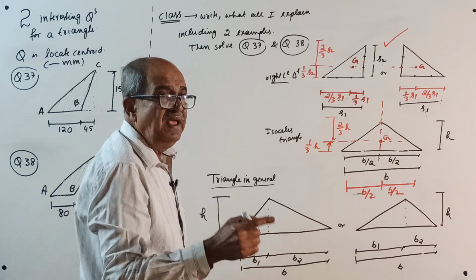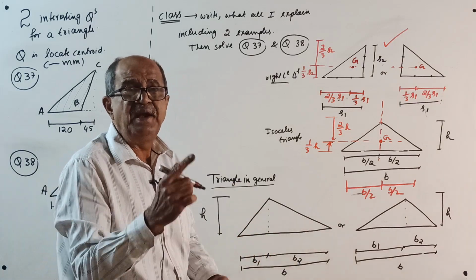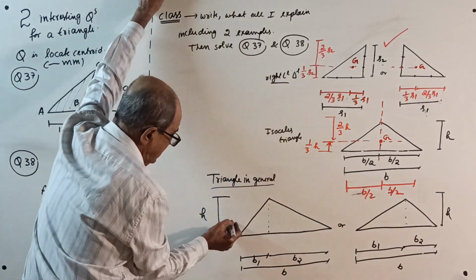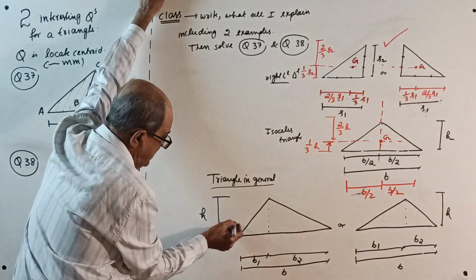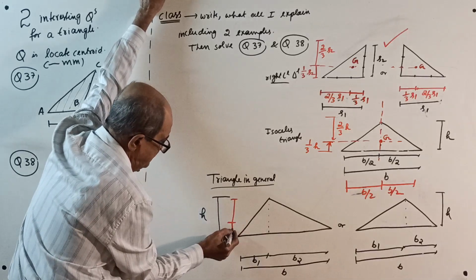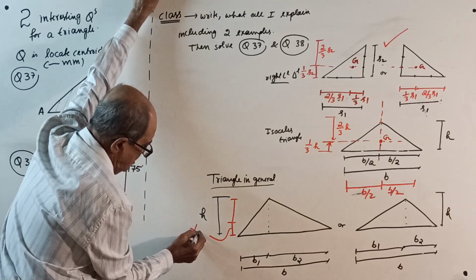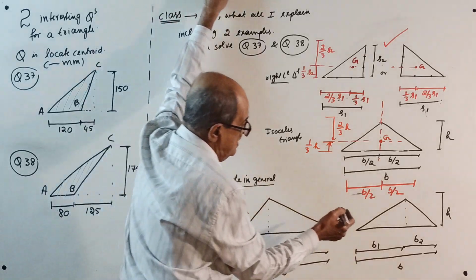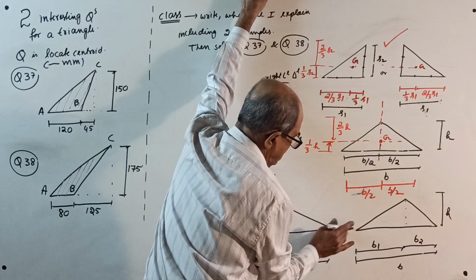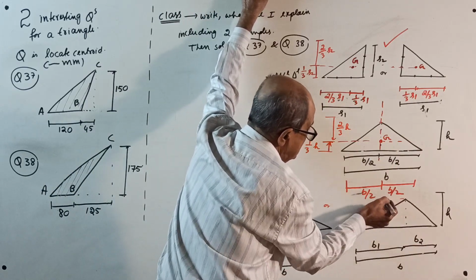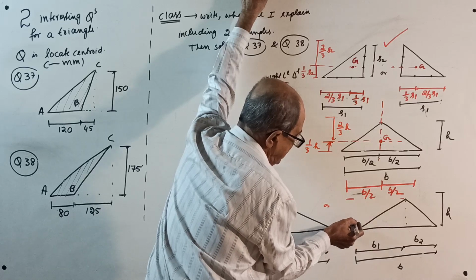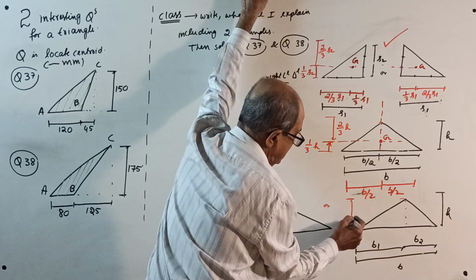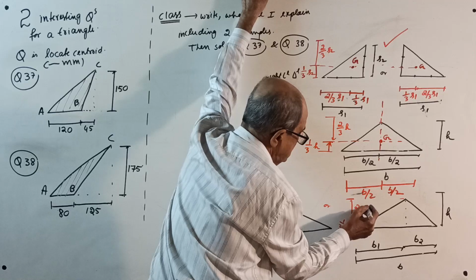So directly you can locate the centroid along the height. How? Along the height, the centroid is at 1/3 of h from the base, and 2/3 of h from the top. Here also, if you locate along the height, the centroid is at 1/3 of h, from here 2/3 of h, okay, over.